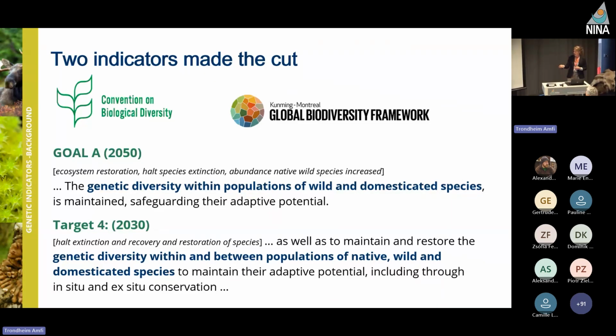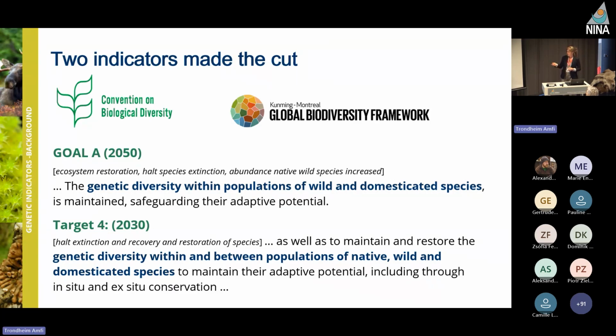And also, again, in target 4, this is a target for 2030. A target that focuses on halting extinction and recovery and restoration of species. And the wording says, as well as to maintain and restore the genetic diversity within and between populations of native, wild, and domesticated species to maintain their adaptive potential, including through in situ and ex situ conservation.